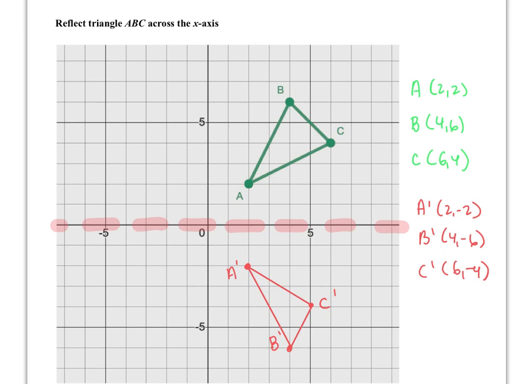So when reflecting across the x-axis, there is a formula, which is that an ordered pair goes from (x, y) to (x, opposite y). This looks like a negative sign, but remember that we read that as the opposite. If you weren't drawing the picture, you could use this formula. But again, the easier way to reflect is just to use the counting method, and you can always do that no matter how you're performing a reflection.